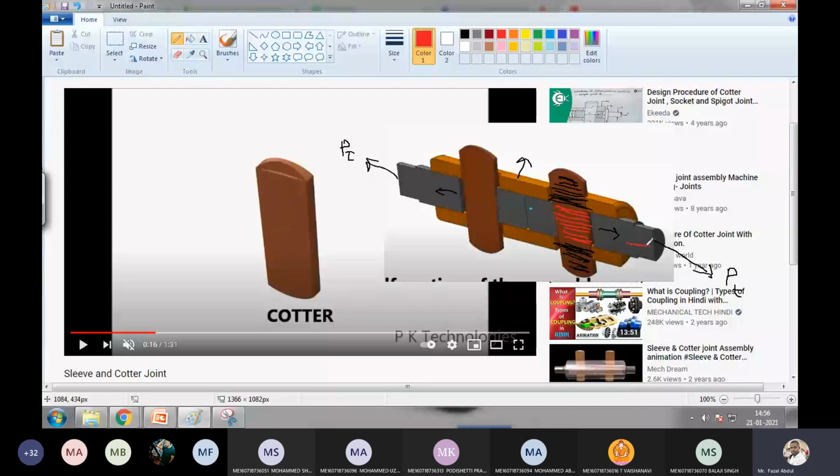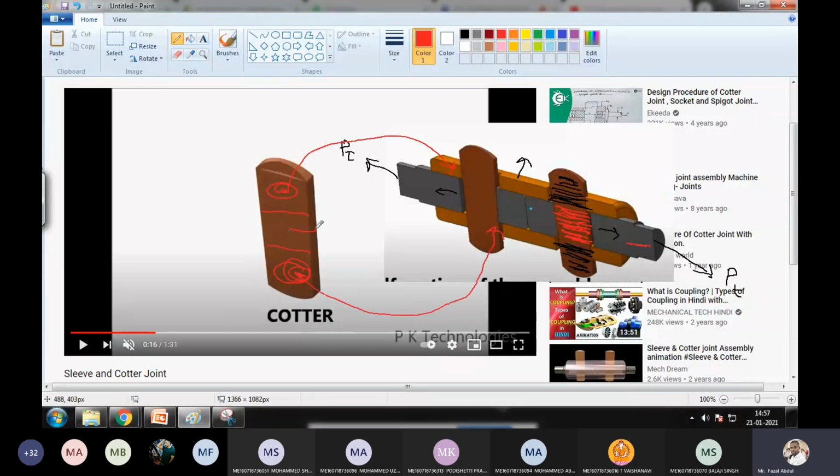Are you getting my point, Babu? It means this quarter is going to divide into three parts. The first portion is going to remain inside here. The bottom portion of the quarter is going to remain in the sleeve. The middle portion comes outside along with this rod. Like this, it is going to divide into three parts.